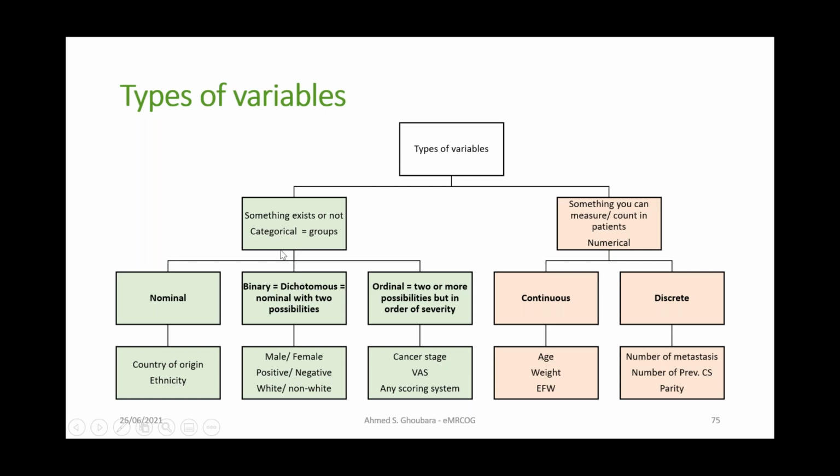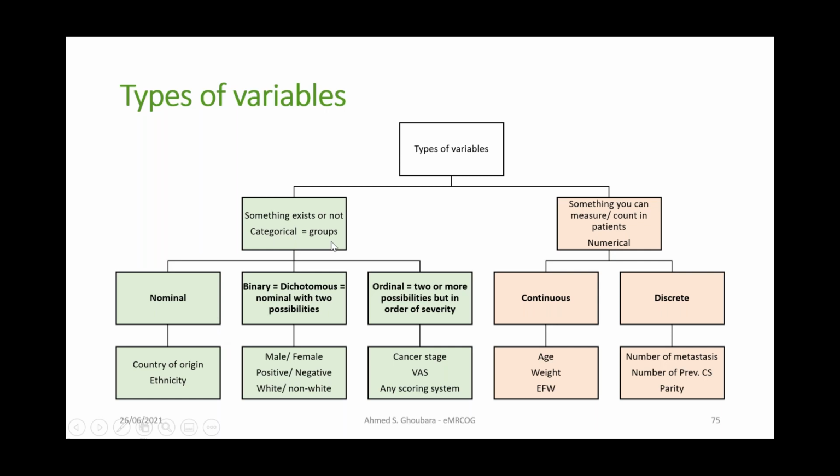We have other types of categorical variable like the country of origin. First lady, she's from the UK. Second lady from the US. Third lady, like from Egypt. Third lady from India. Fourth lady from Mexico. Or ethnicities: black, white, Asian, mixed, Middle Eastern, sort of things, nominal, okay?